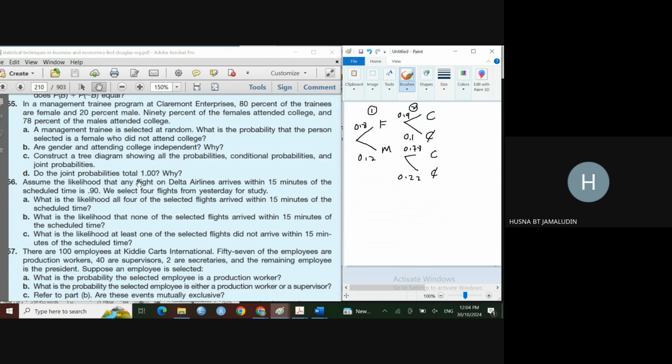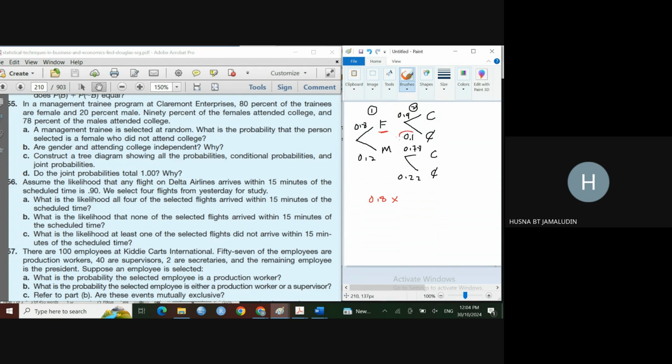So what is the question? First, a management trainee is selected at random. What is the probability that the person selected is female and did not attend college? Okay. So you have female. What is the probability? 0.8. And then multiply with those who did not attend college.